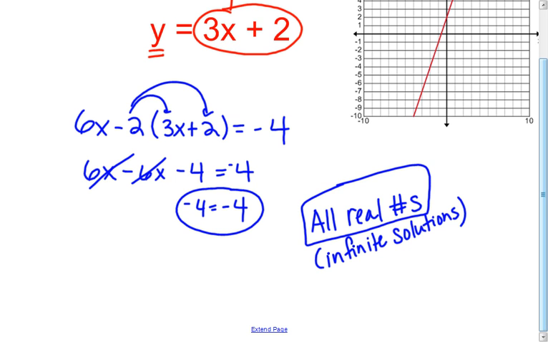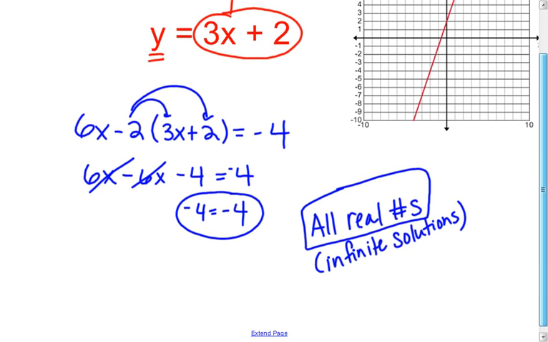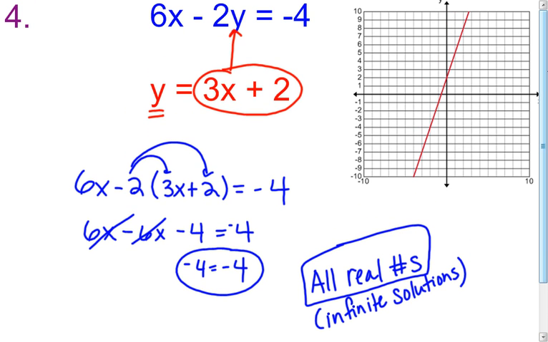And you didn't know this coming off the top here, but really and truly, if I were to get both of these equations up here, both the blue one and the red one, both into y equals mx plus b form, both equations would be y equals 3x plus 2, which means that we actually have the same exact line lying on top of each other.